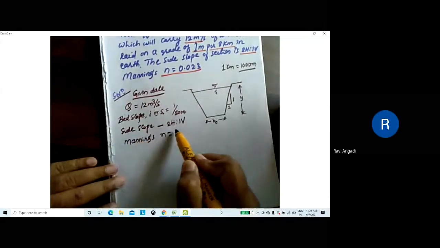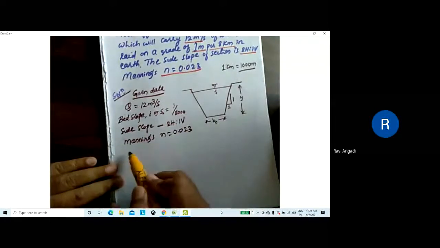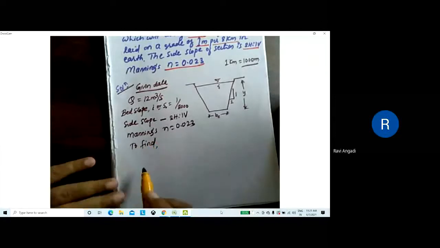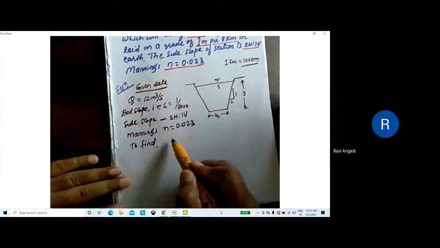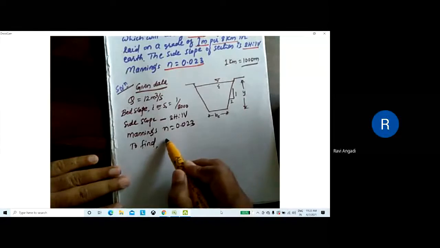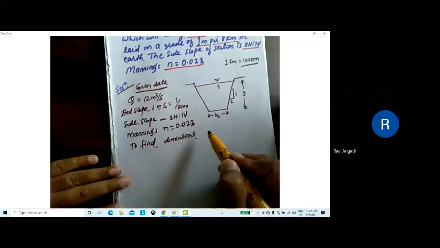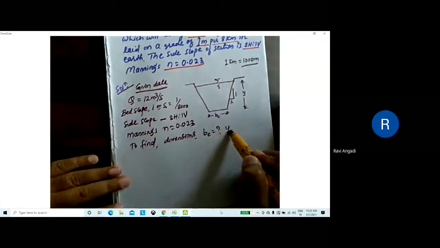Manning's n is 0.023. Then what is to be found here? Dimensions, that is efficient dimensions, breadth and depth.